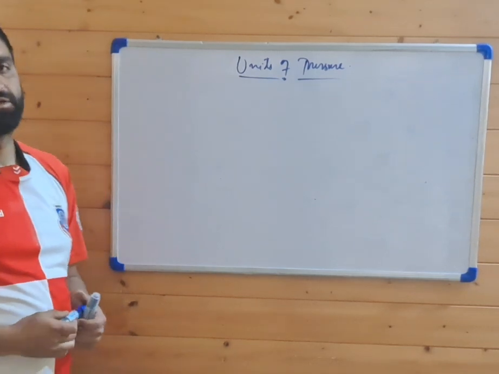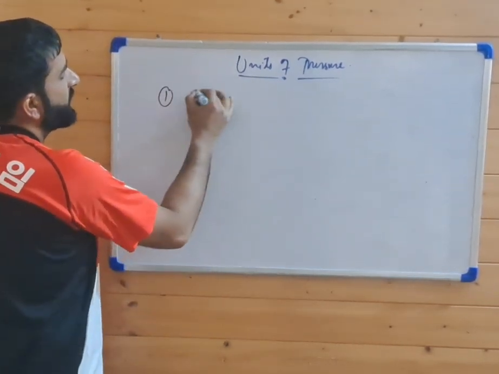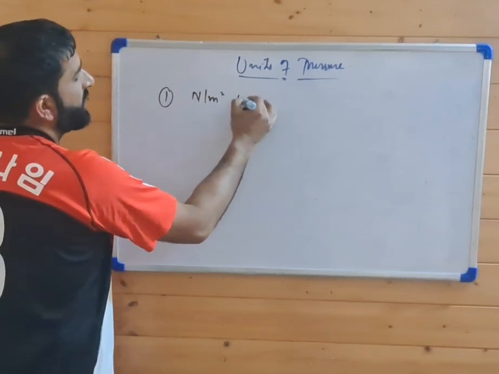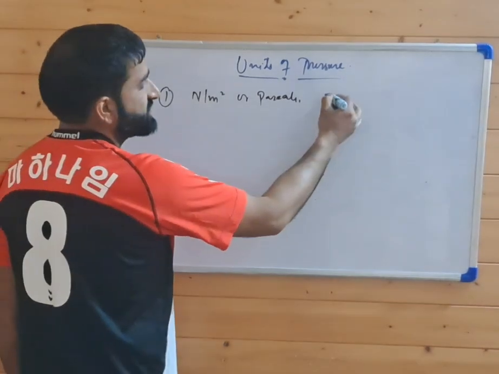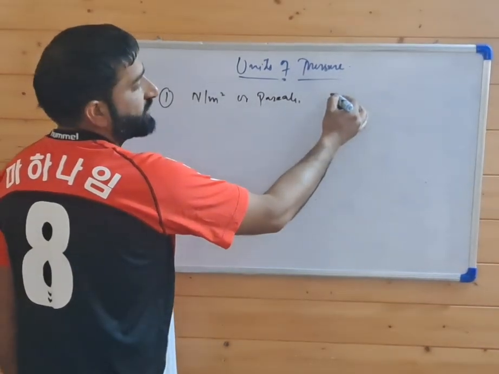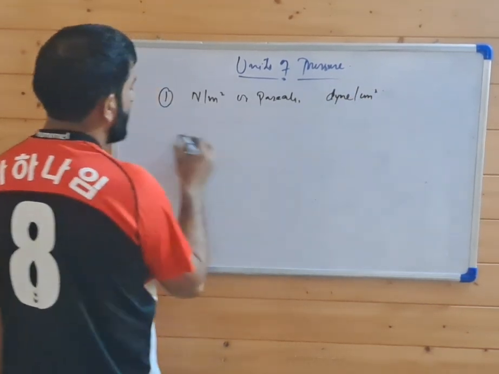The units of pressure. The SI unit of pressure is Newton per meter square, or pascals. In CGS units, we take the unit of pressure as dyne per centimeter square.